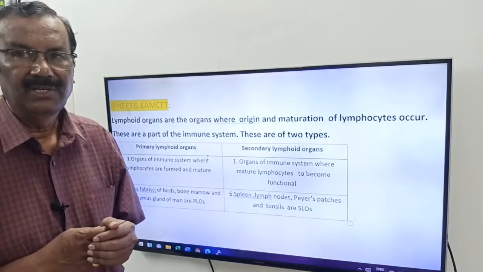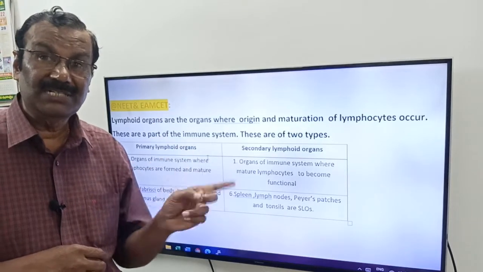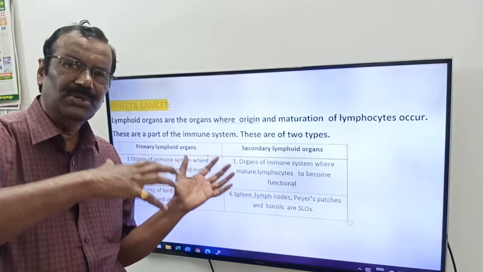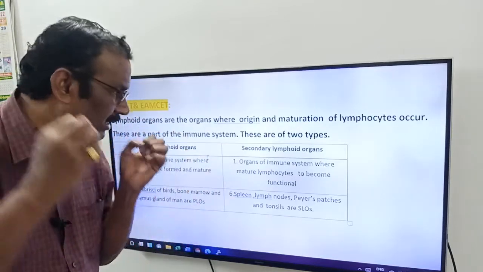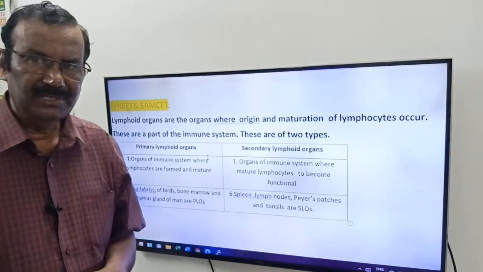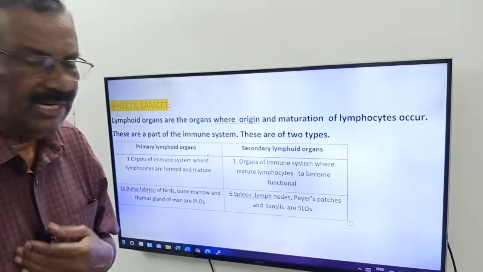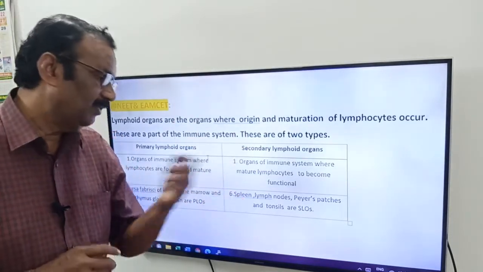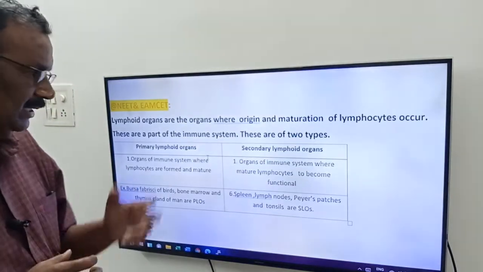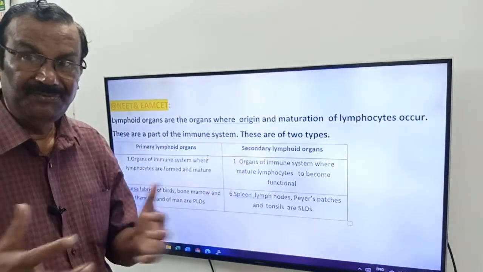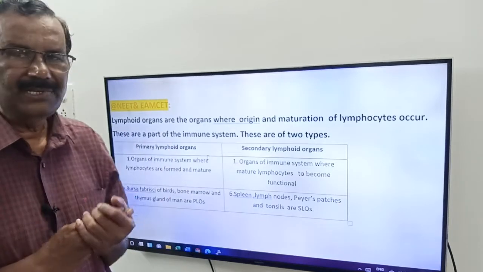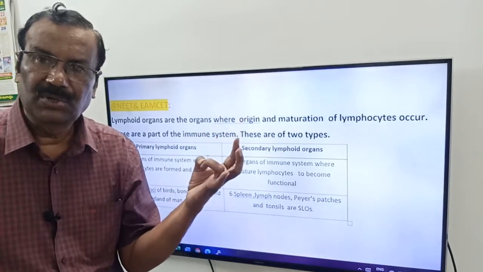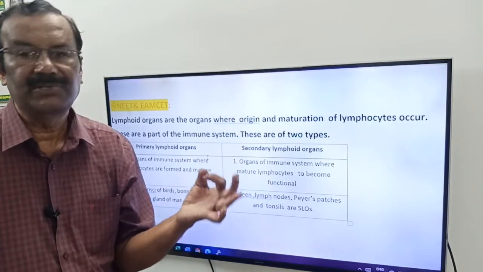Origin and maturation take place in the primary lymphoid organs. Those matured lymphocytes become functional in the secondary lymphoid organs. Examples: spleen, lymph nodes, Peyer's patches and tonsils.